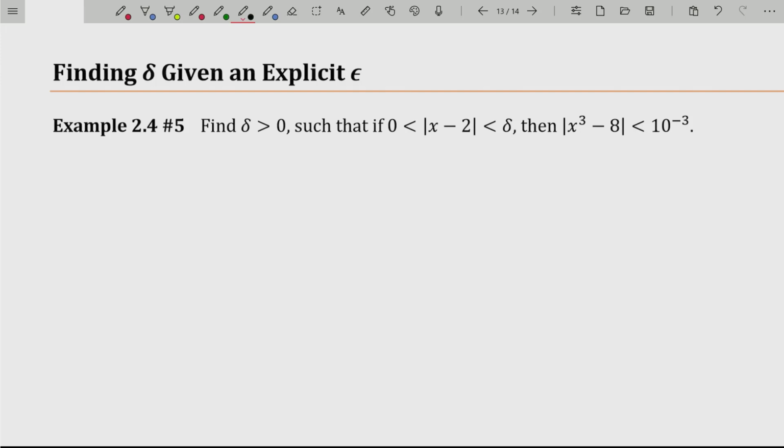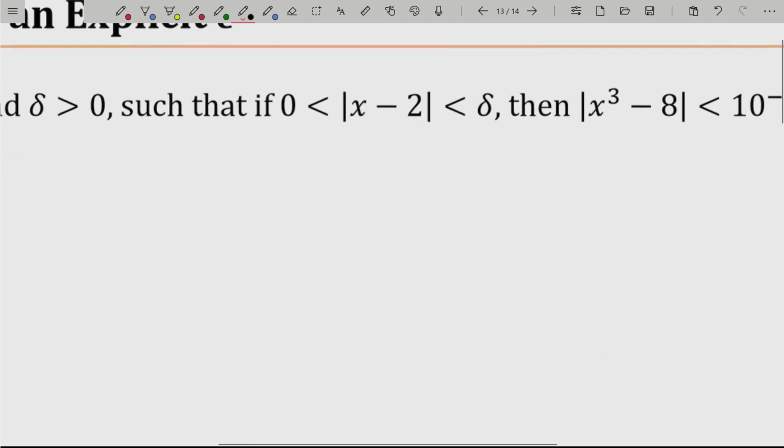Now let me give you the visual of this yet again, because it's super good to see what this means. So we have a delta neighborhood. And remember, delta neighborhoods are all about x-axis neighborhoods, or horizontal neighborhoods, and it's centered at 2. Notice I put an open hole at 2, because when we talk about neighborhoods, they're punctured open neighborhoods.